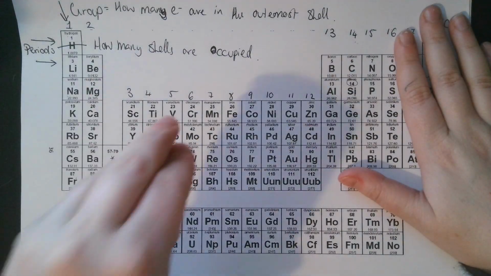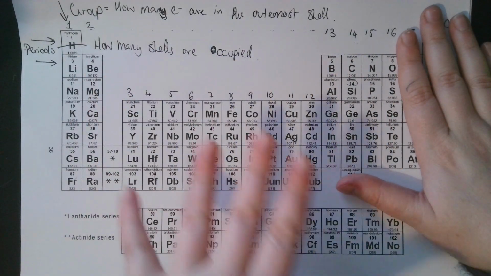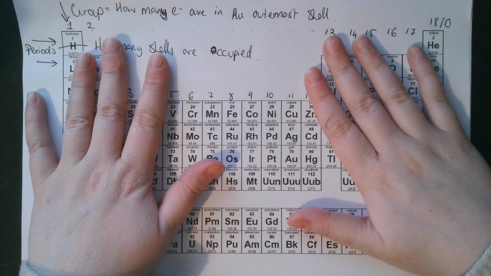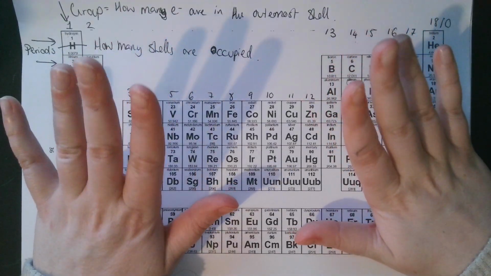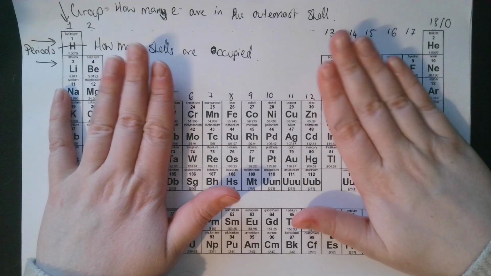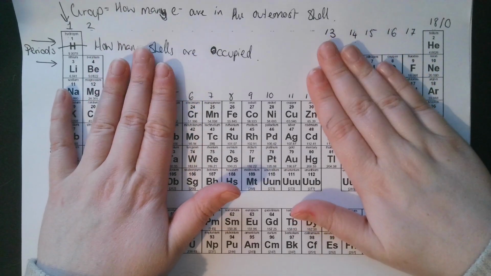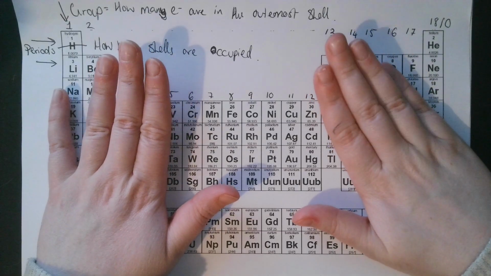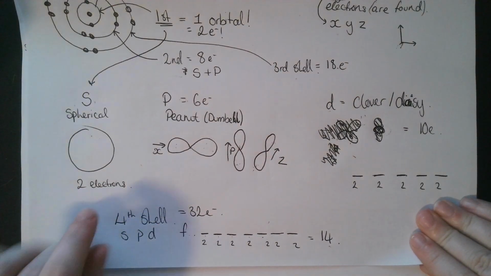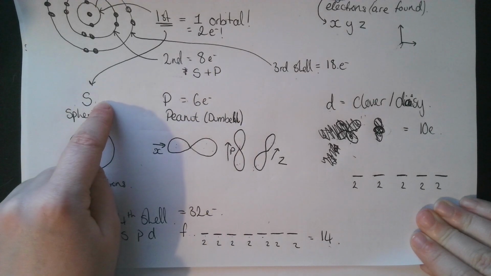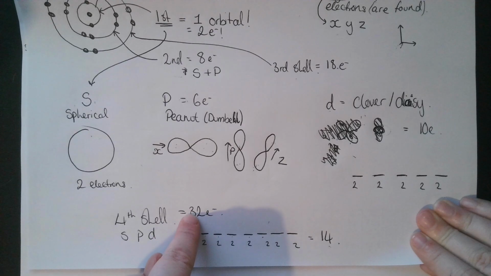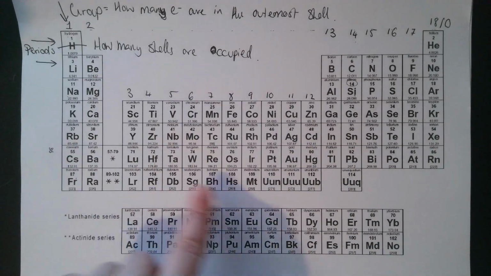Also, depending on where you are looking, we can split this into blocks, which can tell us where the outermost electron is sitting. So we can figure out if the outermost electron is sat in S, P, D, or F, depending on the blocks.